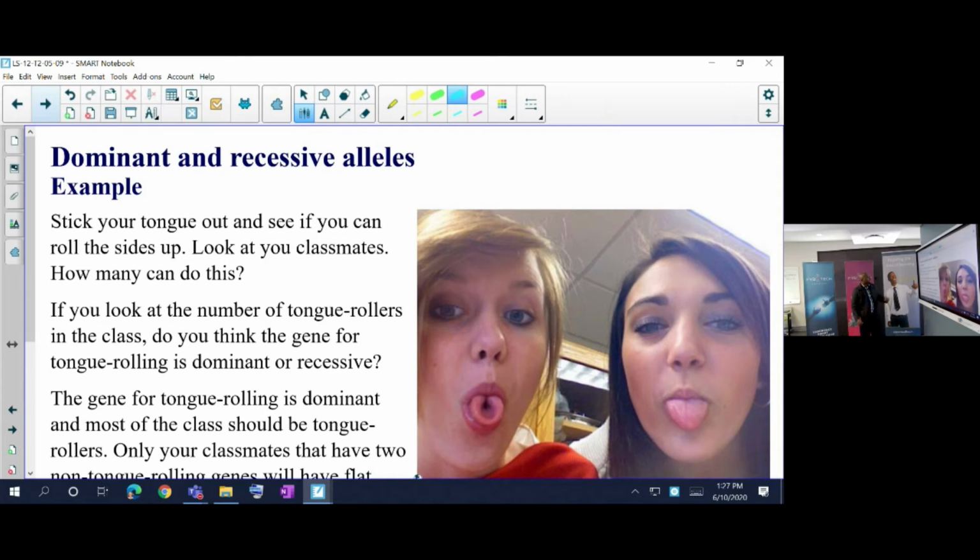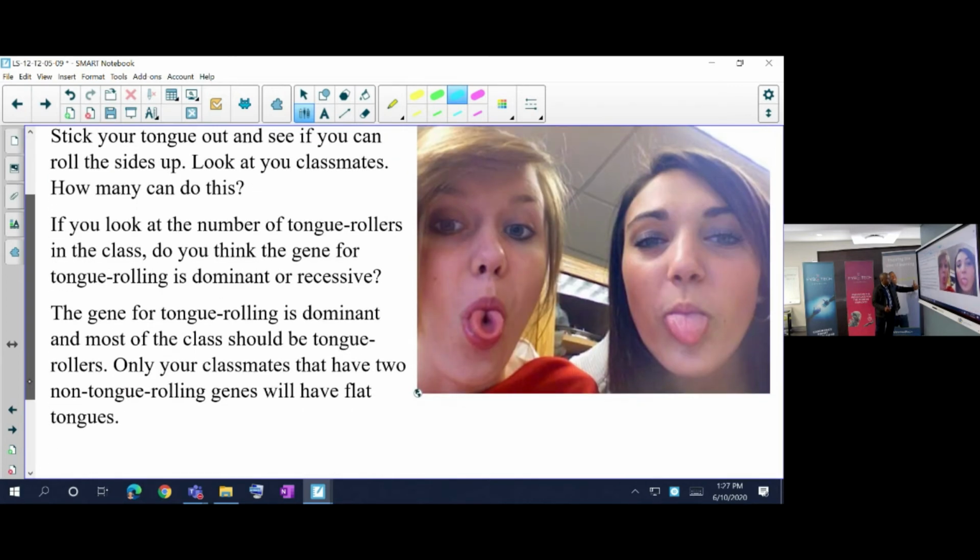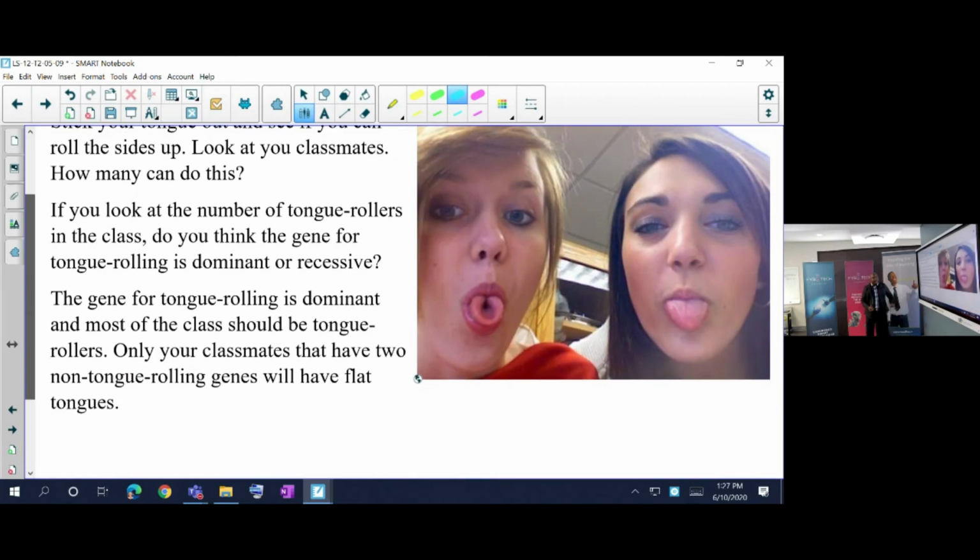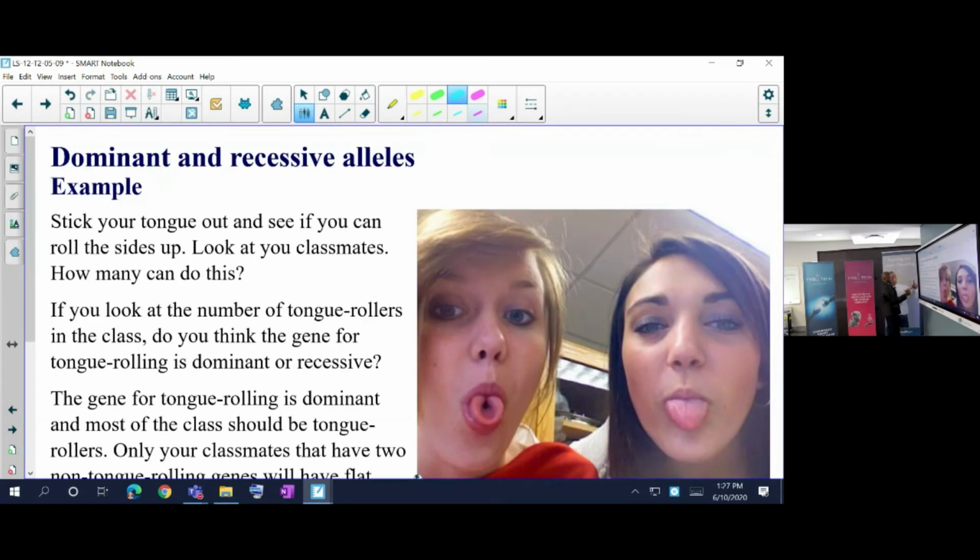Here is the example. If you look at my example, tongue rolling is dominant over non-tongue rolling. I'm summarizing what is here.